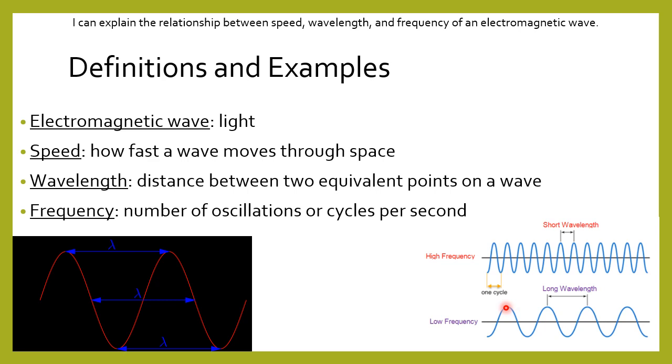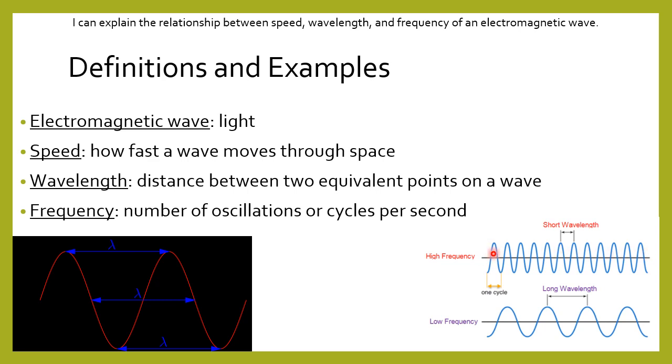Now, the frequency is how many of these waves, how many of these cycles pass a given point in a second. So notice from beginning to end here, both of these waves cover the same distance. So picture these waves moving to the left, say at the same speed, where this entire picture will go, so this end here will go from this point all the way over here in 1 second.